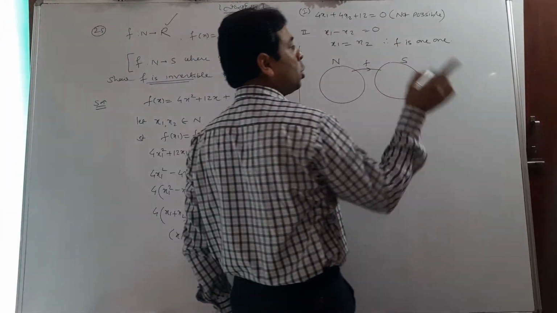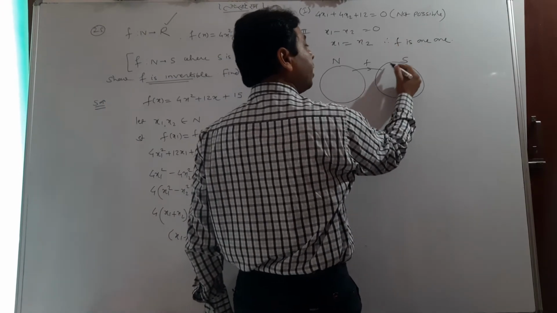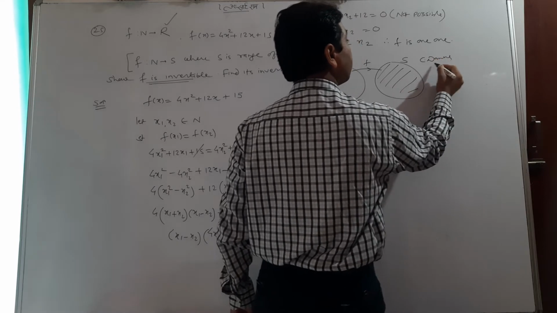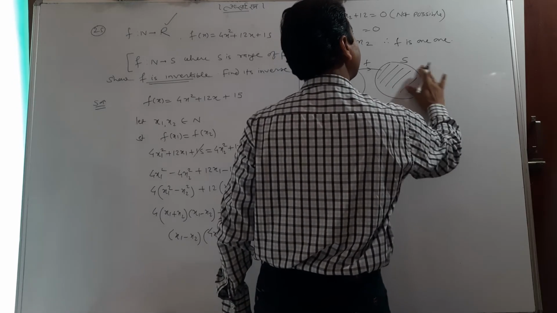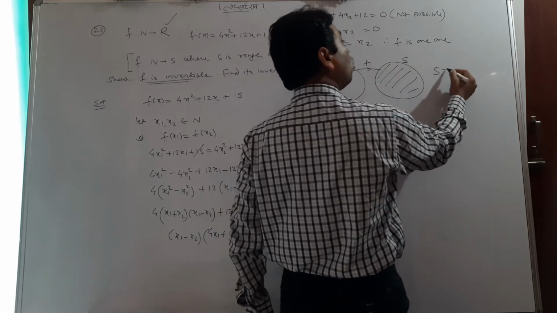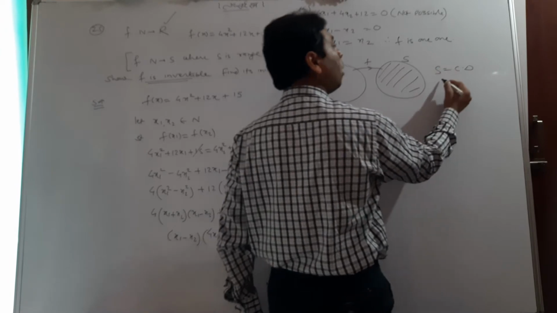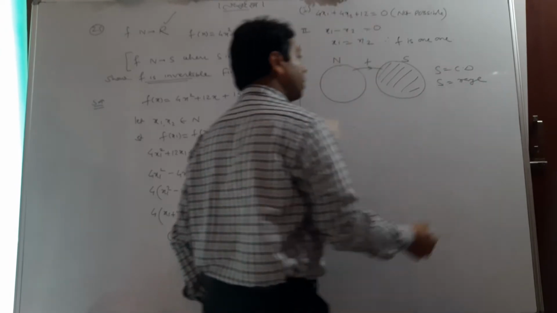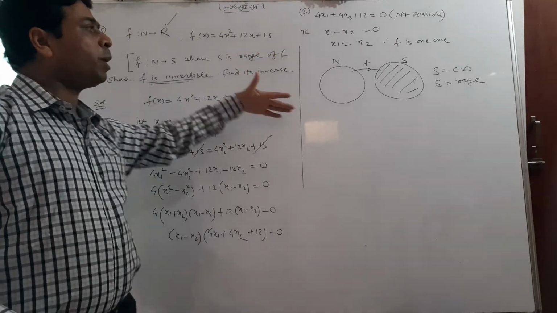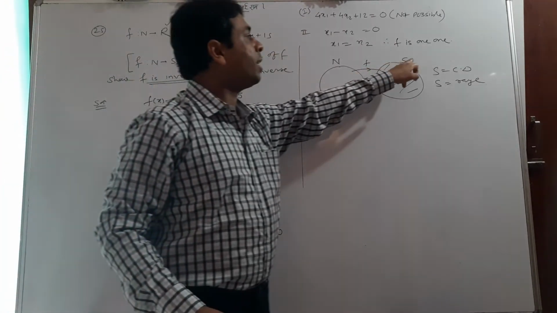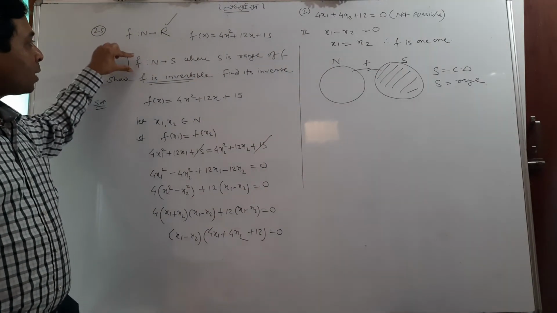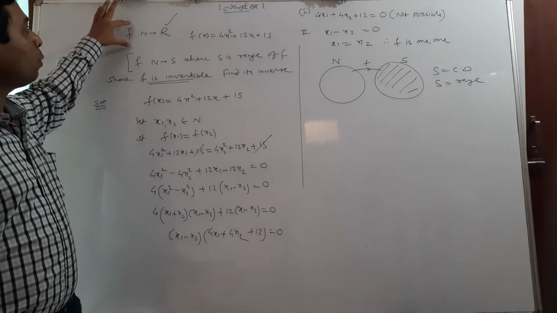In that case, S is the codomain, it is simple, and also S is the range because it is told that S is the range set. It might confuse you, student, why I have taken S, because we are told the function should be invertible when f is defined from N to S. We don't have to worry about that.